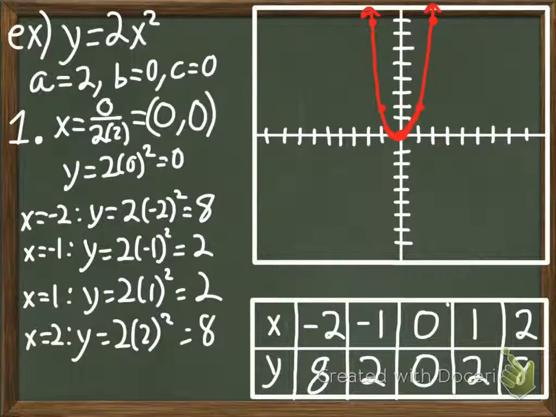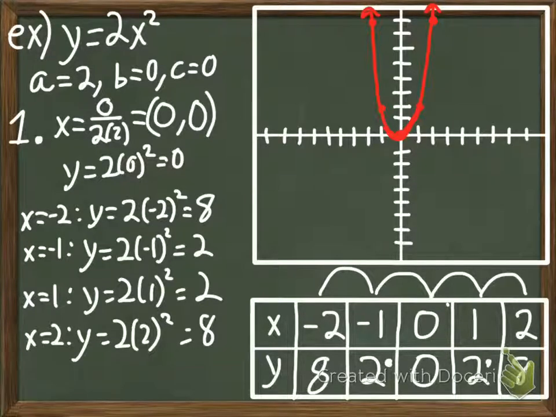Alright. What I'm hoping that you saw was that if you notice, how far away is 0 from 1 and 0 from -1? Well, they're both one spot away. So they're the same distance away from your vertex. And you notice that their y values were exactly the same. Well, what about -2 and 2?